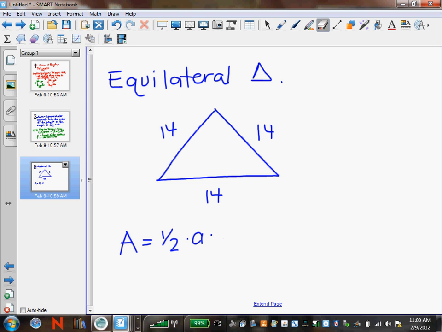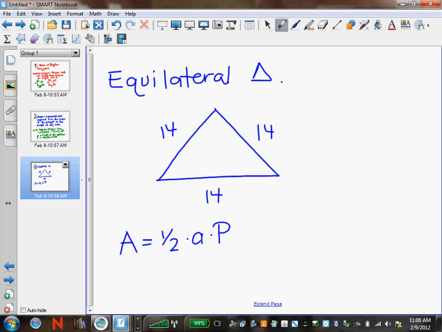Now, we do have two other formulas for triangles. Actually, Hero's formula would work great with this problem. Using 1/2 base times height would be a little bit harder because you don't know the height. But we're going to work it using 1/2 apothem times perimeter.